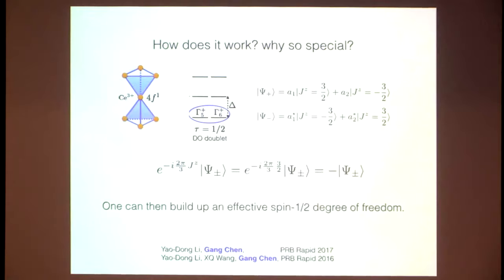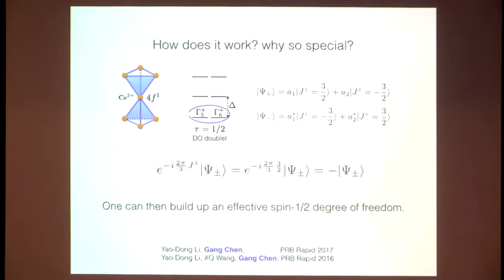So if you apply a threefold rotation symmetry on this doublet, you have mj equals 3/2, so then this will become e^{iπ}. This is equal to -1. So these two states are invariant under any symmetry operations of the point group, so it's truly a one-dimensional representation of the point group.